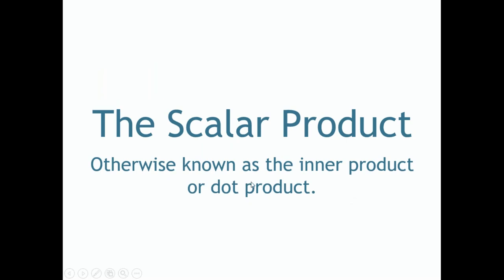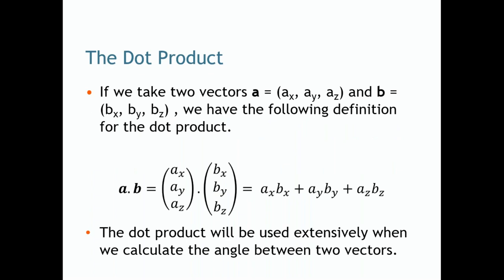So let's quickly look at the scalar products before we start winding up today. We have less than 10 minutes to go. The scalar product is also known as the inner product or the dot product. If we take two vectors, A equals (AX, AY, AZ) and B equals (BX, BY, BZ), we have the following definition for the dot product.